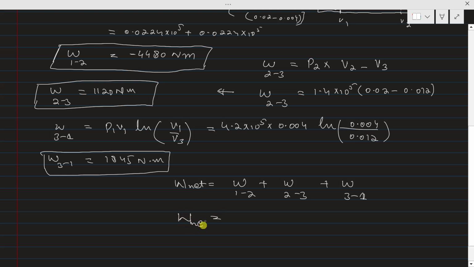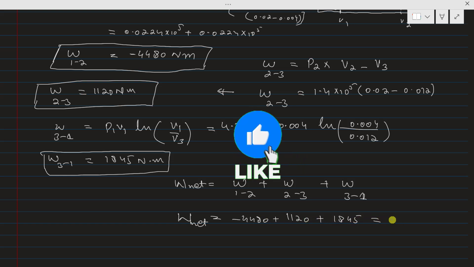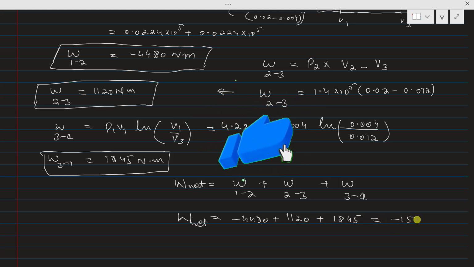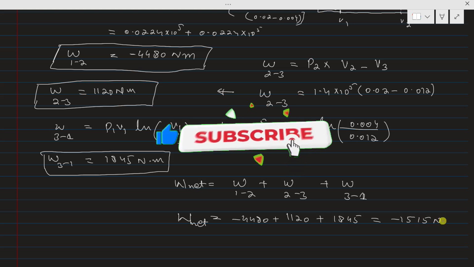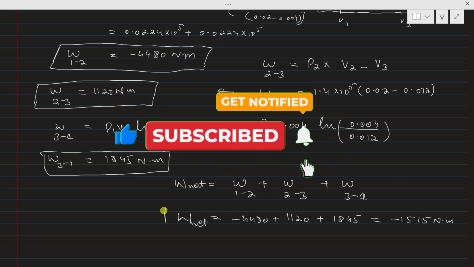It is minus 480, 20 plus 1845. So after solving, you will get the net work of the cycle, that is minus 1515 Newton meter almost. This is our final answer.